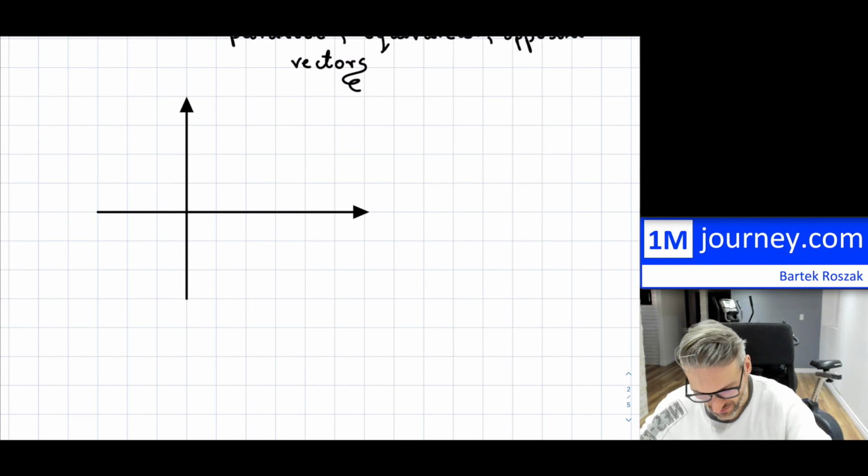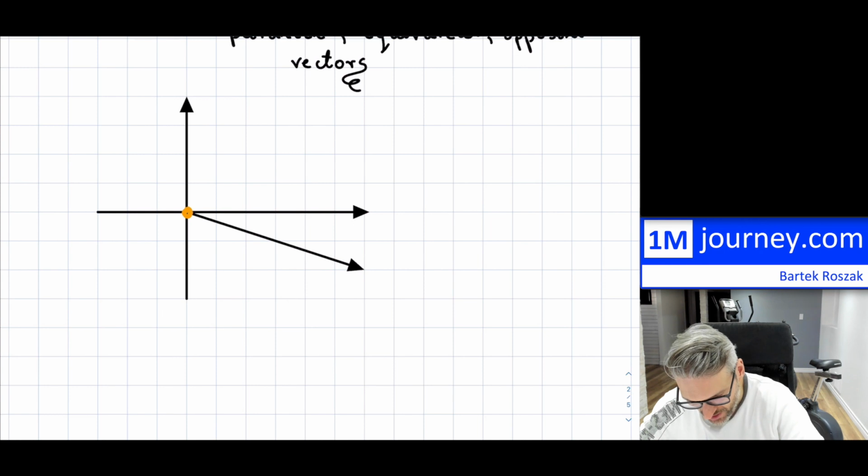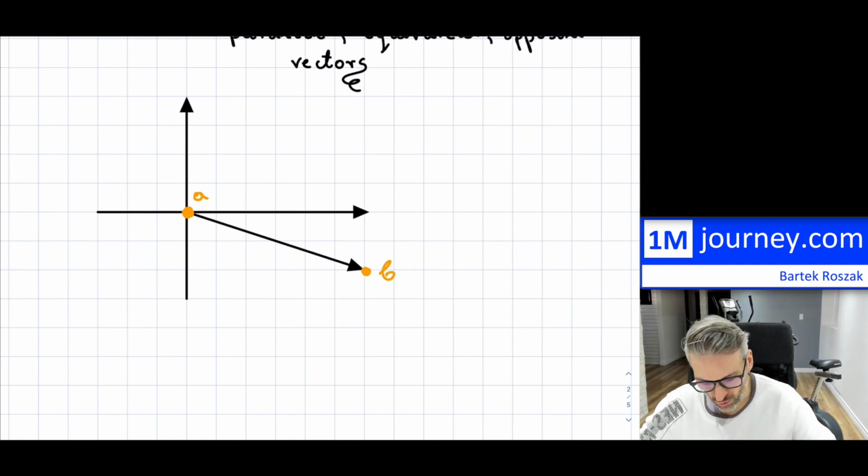And now let's say I have a vector. It doesn't really matter where it goes. Let's say it starts from the origin, and then it's moving in this direction. So let's say this is your starting point A, and then this is your ending point B. And if you wanted to designate this, one designation could be AB.